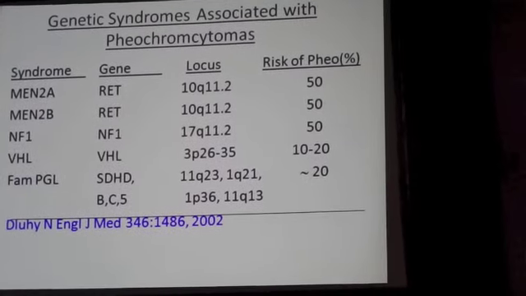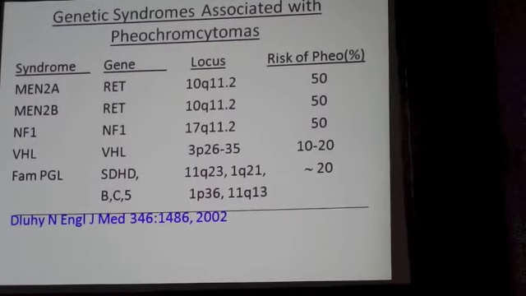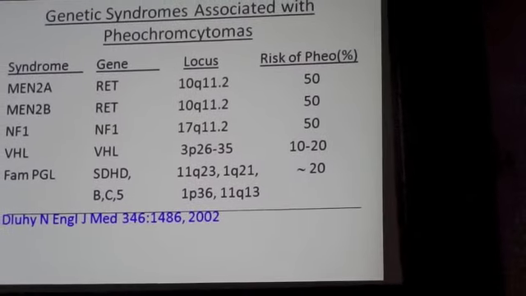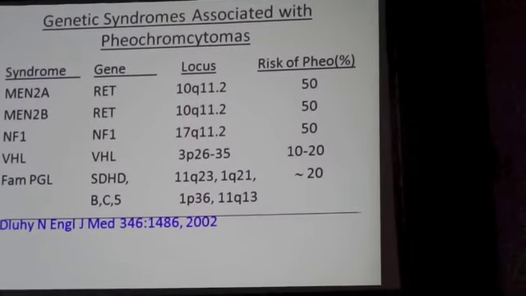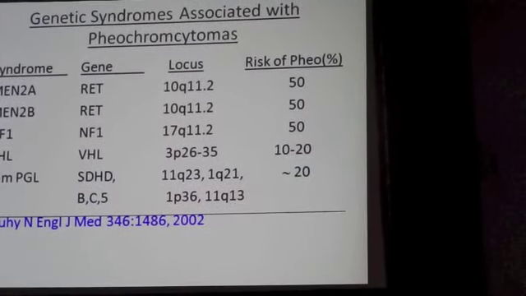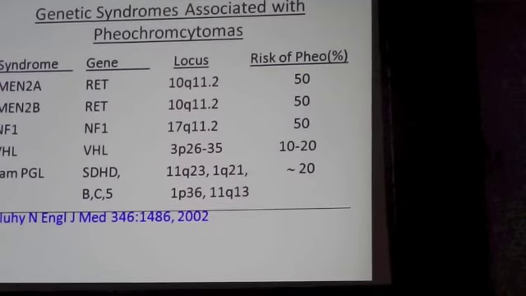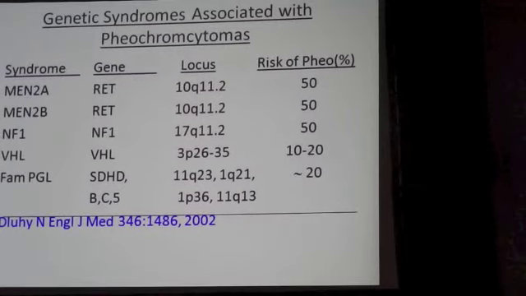Familial paragangliomas we'll revisit this afternoon when we talk about some of the cases. The intriguing thing in the last 8 to 10 years is that there are specific mutations in the familial cases of the succinate dehydrogenase gene, and this affects a smaller number of patients than the other familial diseases for pheochromocytomas, but they usually have extra-adrenal disease.